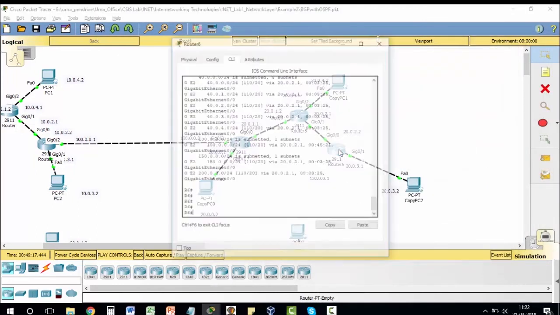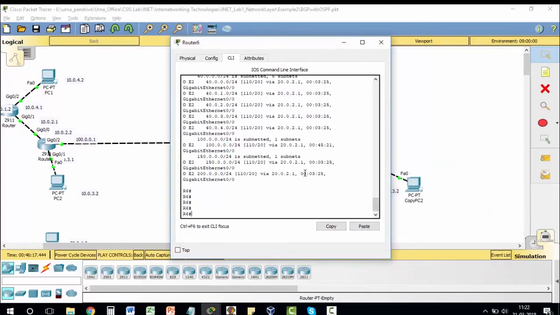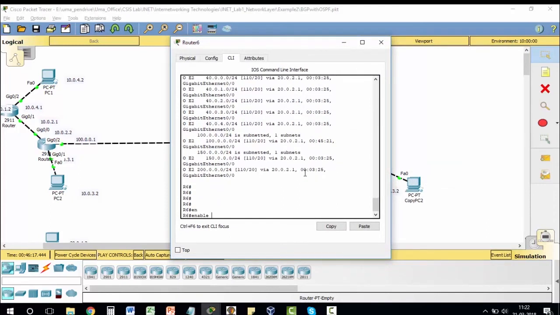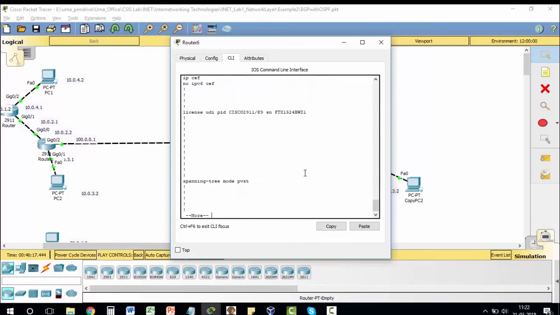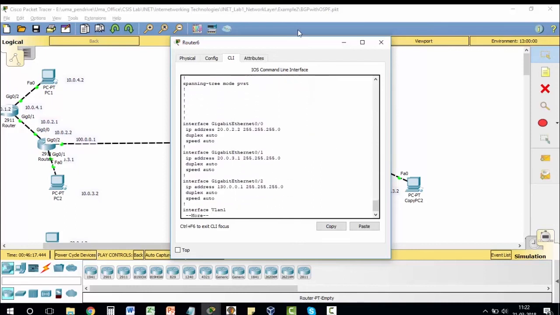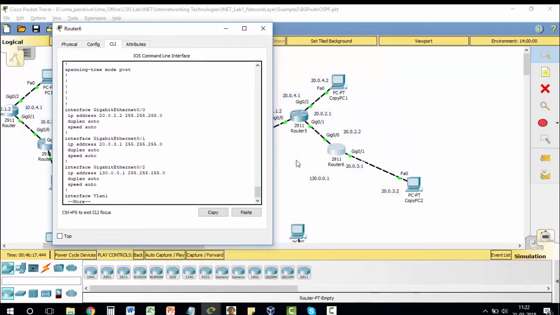Now, having seen the configuration of router 5, next we will look into the configuration of router 6. Here we first see the port information. Port 0 is assigned the IP address 20.0.2.2, port 1 is assigned the IP address 20.0.3.1, and port 2 is assigned the IP address 130.0.0.1.